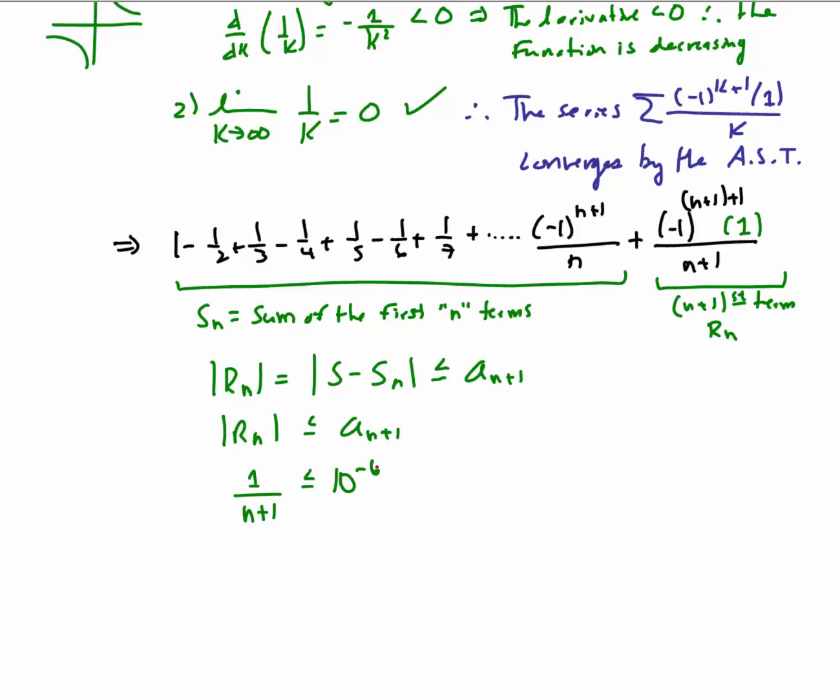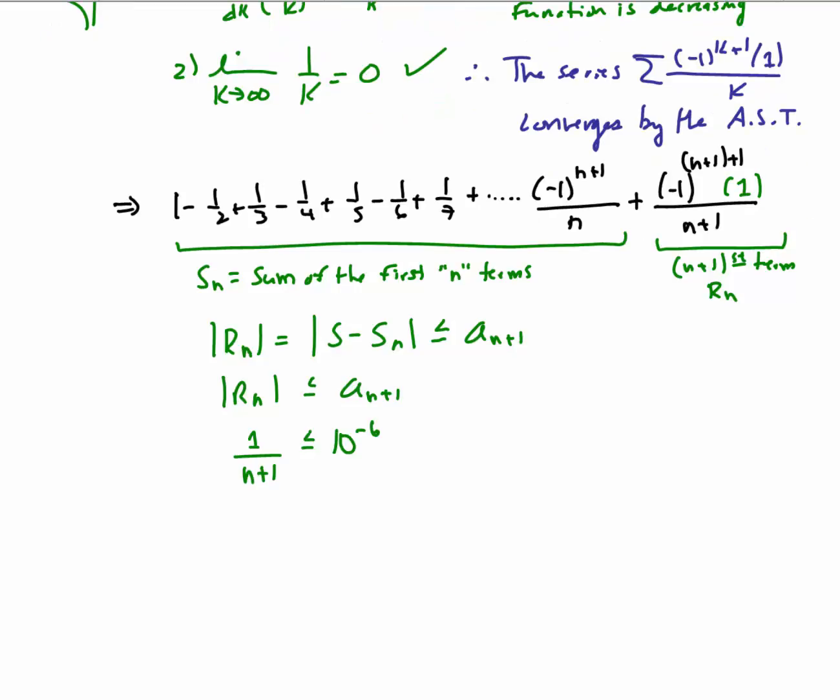So how many terms am I going to have to go out in order for this to happen? So we need to figure out how many terms to go out. So let's have a look and see what we can do to work with this. A couple different things that I can see that we could do here. First of all, 10 to the negative 6, if I rewrite that without a negative exponent, it's 1 over 10 to the 6th.